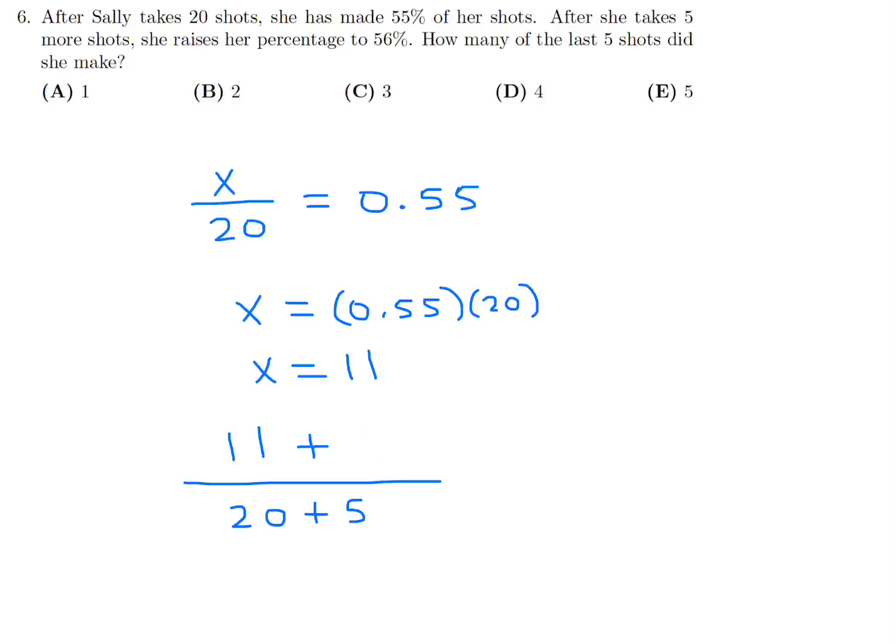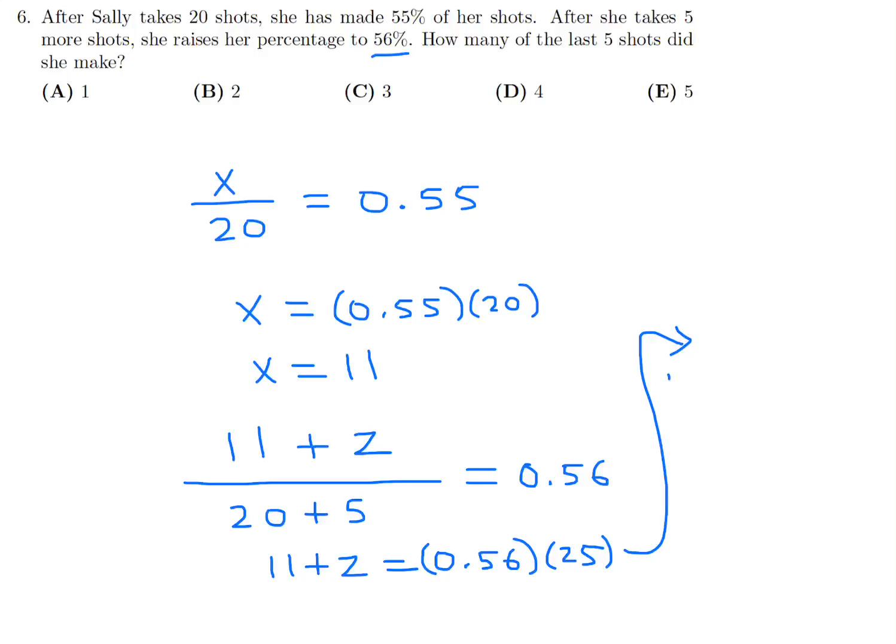S looks awfully similar to that 5, so I'll just write Z. So we're interested in the Z. Of these 5 shots that she takes, how many does she get in the hoop? And that is 56%, so 0.56. So now you just solve this. 11 plus Z is going to be 0.56 times 25, correct?